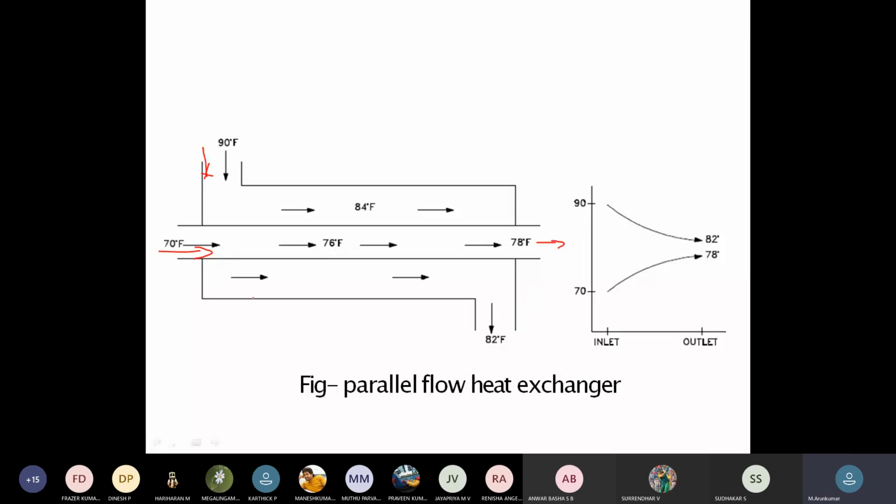If you pass them through this heat exchanger, the hot temperature is transferred to the low temperature fluid. So the high temperature will be reduced to 82 degrees Celsius, and the 70 degrees Celsius will be increased to 78 degrees Celsius. So there is an increase in temperature in the cold fluid, and a decrease in temperature in the hot fluid.